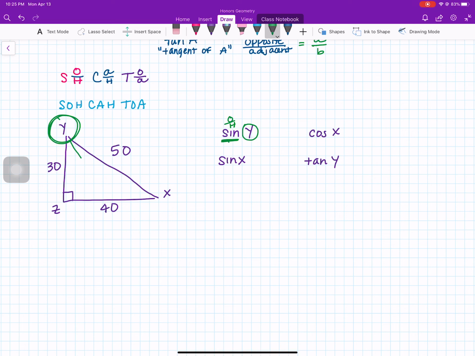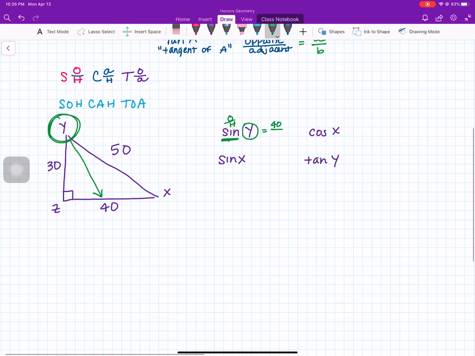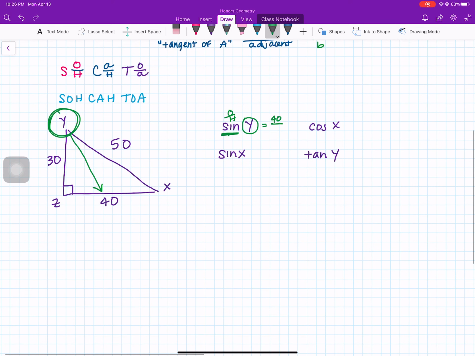So the opposite side of y is 40. The hypotenuse of the whole triangle is 50. So this is 40 over 50. And then you would reduce that fraction, which is just 4/5.